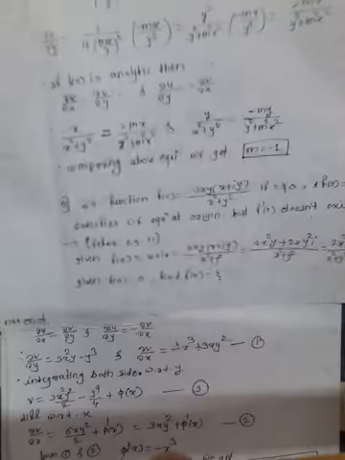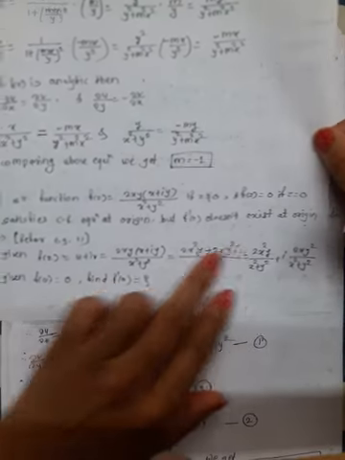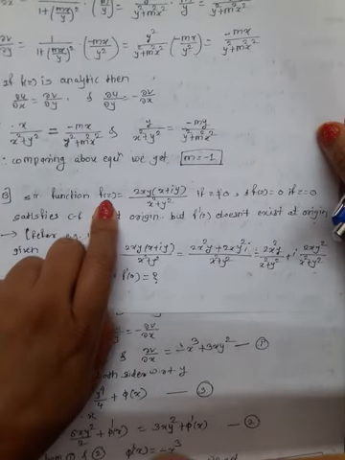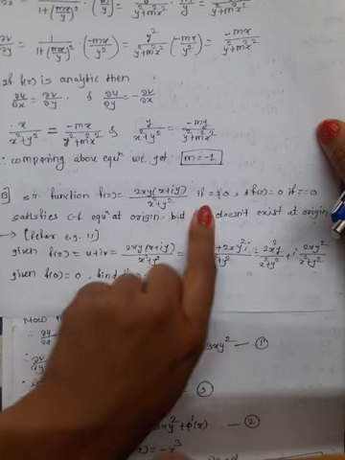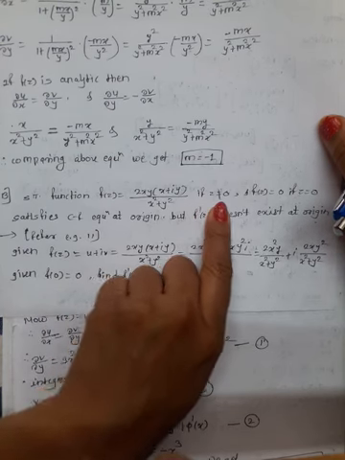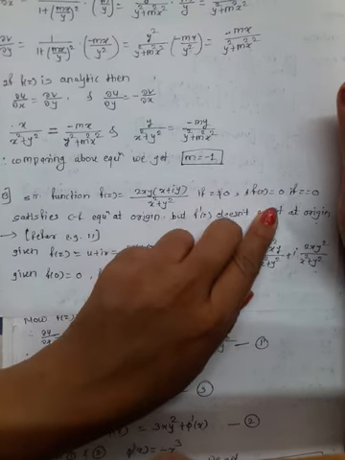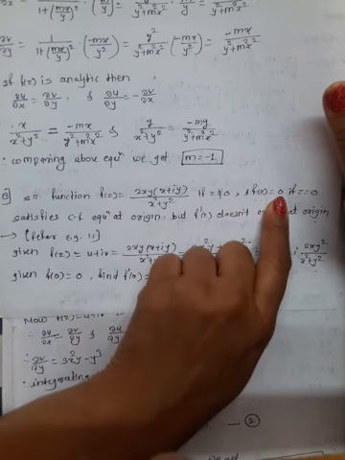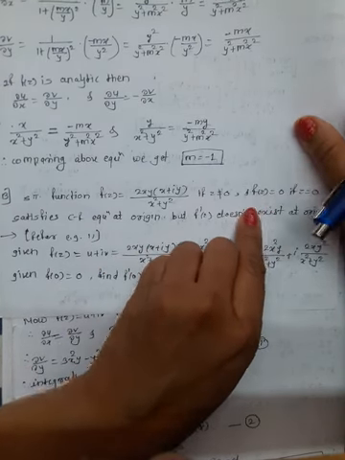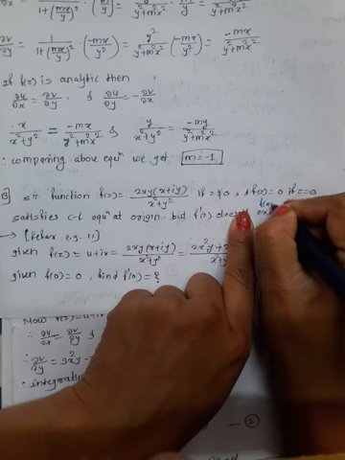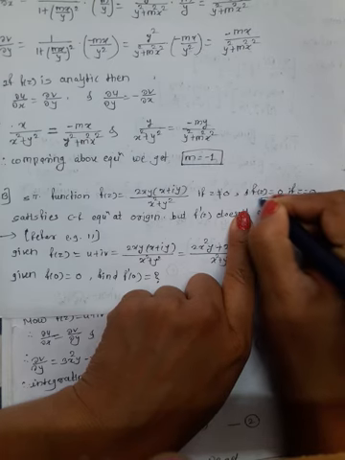Here is one homework for you. Show that the function f of z is equal to this, if z not equal to 0, and f of z is equal to 0 if z is equal to 0, meaning the value of f of 0 is given as 0 here.